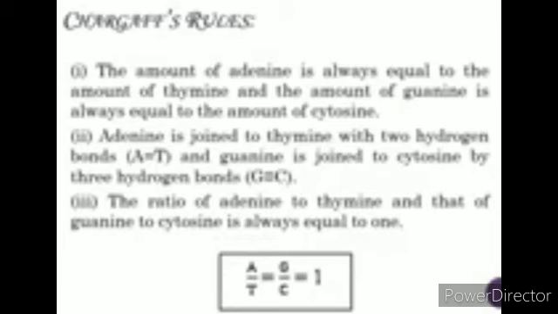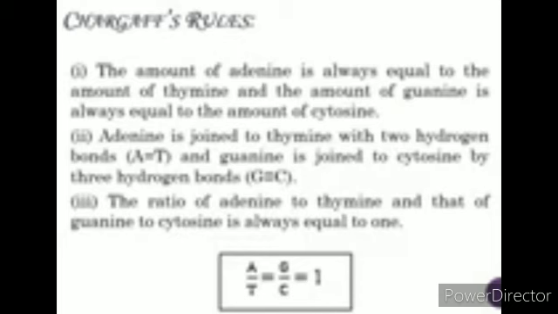Purine bases paired with pyrimidine bases by hydrogen bonds is called complementary base pairing. Next we will see Chargaff's base equivalence rule. It means the amount of purine bases is equal to the amount of pyrimidine bases.